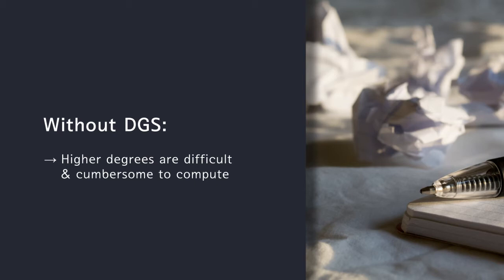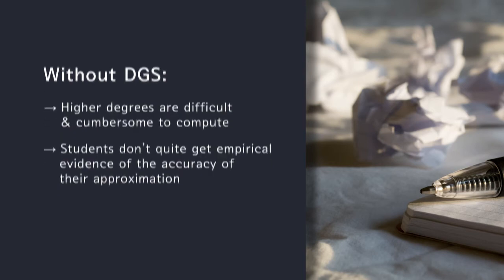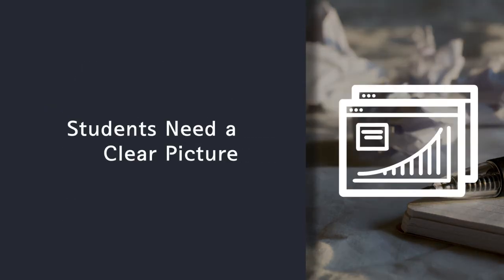Without a dynamic visual demonstration or animation, students don't quite get empirical evidence that the accuracy of the approximation increases when the number of terms increases. For this very reason, doing calculations by hand becomes procedural and meaningless. Students need a clear picture of where they're at and where they're heading to.